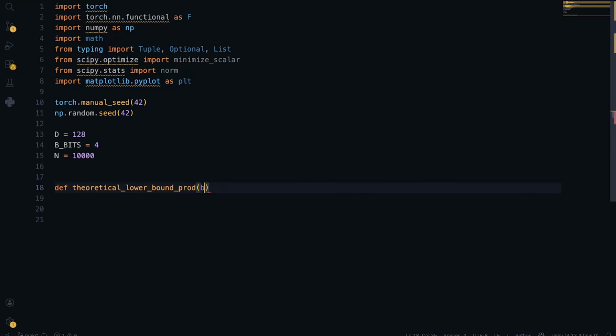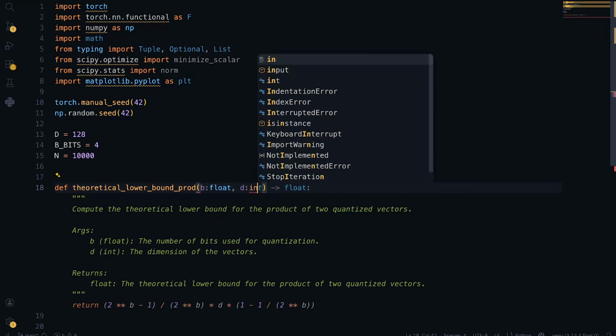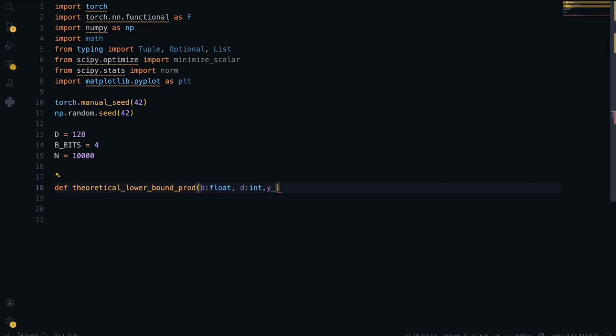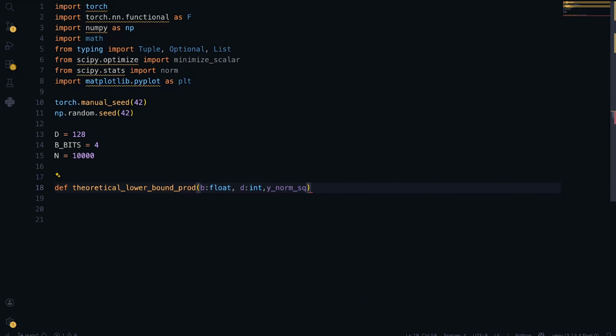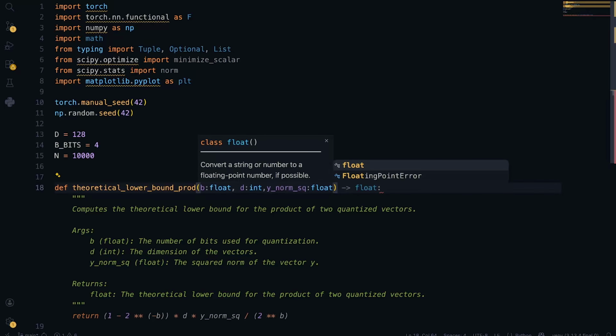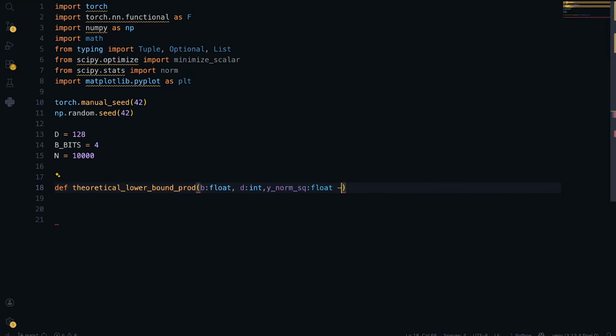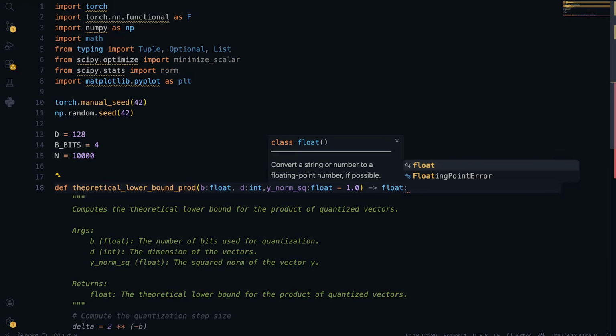This will take b as float, d as int, and y norm, which will be a float with the default value of 1.0, and this will return a float.